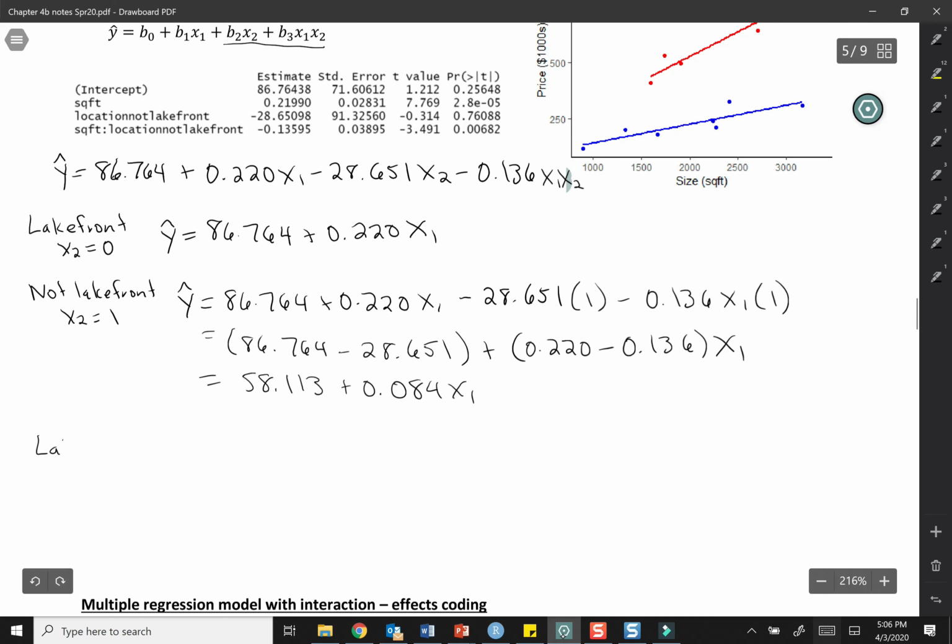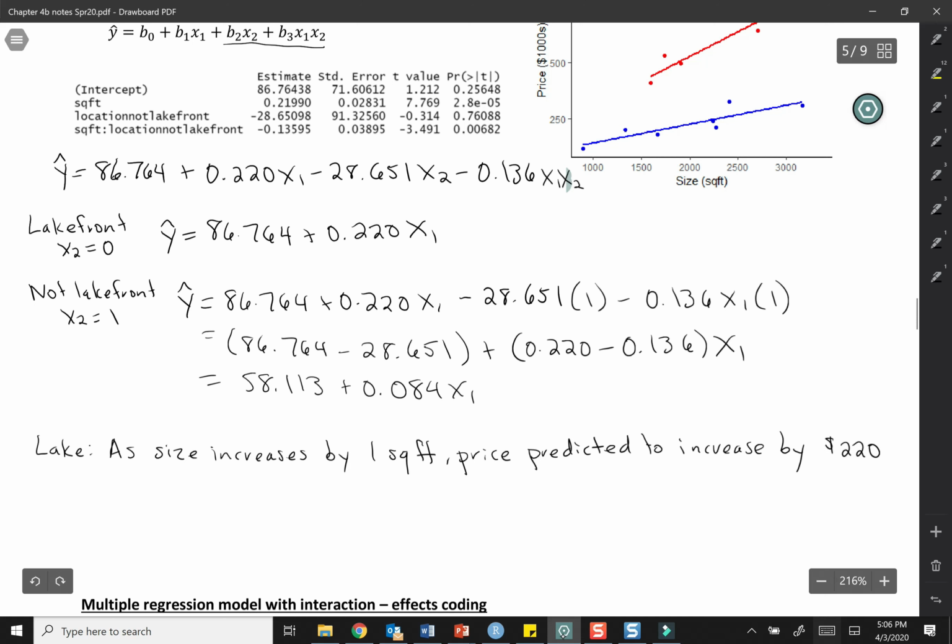So if I wanted to describe for the lakefront houses how price changes based on size, I could say as size increases by 1 square foot, the price is predicted to increase by $220, right? So since it was originally given in thousands, I just moved my decimal place over.